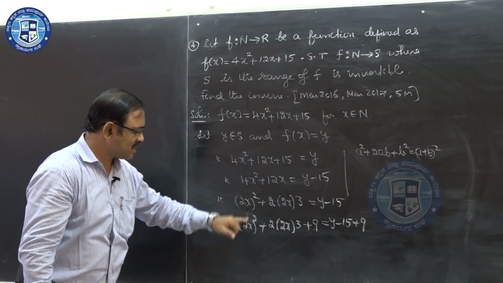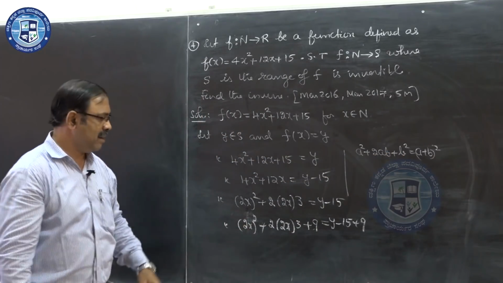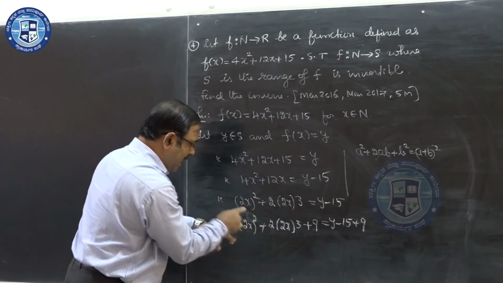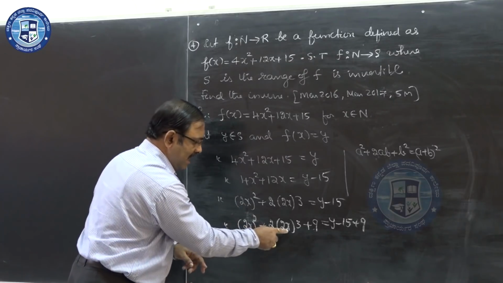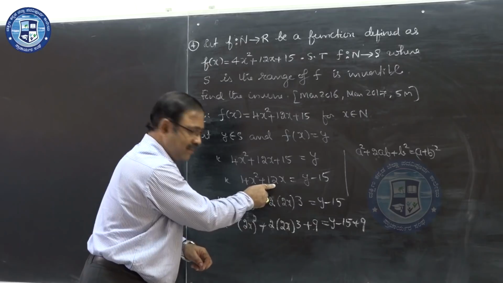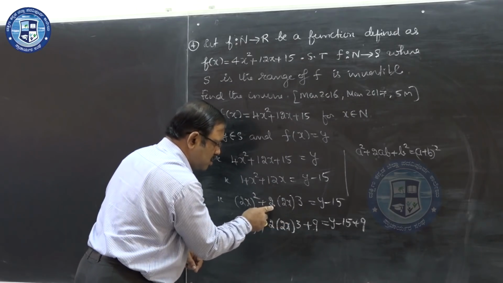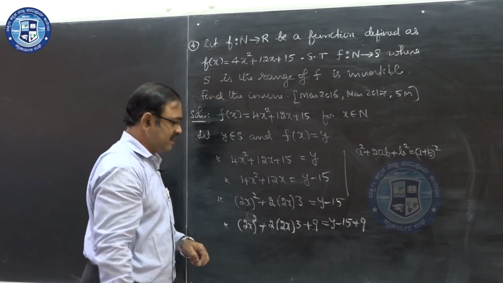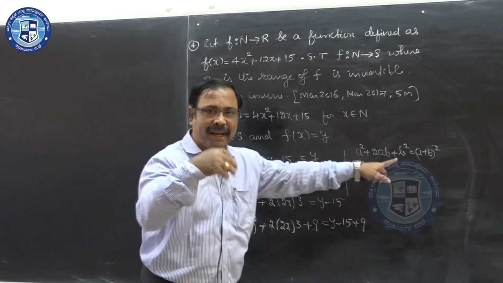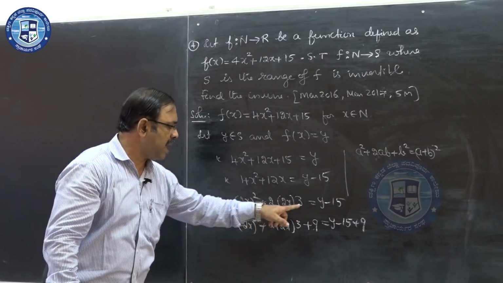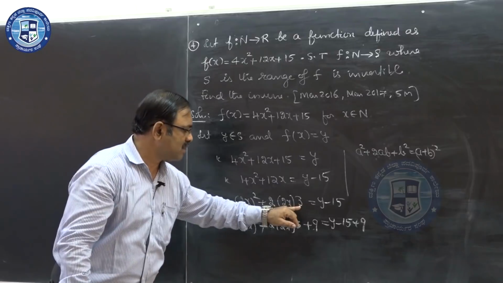Now this is a square, 2x the whole square, plus 2ab. 2a is 4x, so to get the 12x, 4x into 3 is 12x. Now to complete into a square, b square is needed. b square is 3 square.